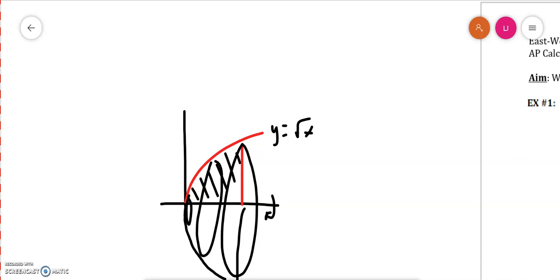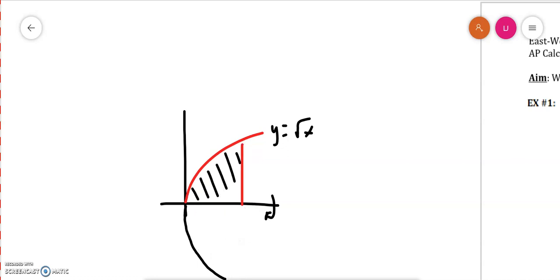But let's look at this a different way. So let me erase those. All right, what would happen if we revolve this around the y-axis instead? Would we still get little discs? So let's see. If we did that and we created a shape, we'd have something like this on the other side.